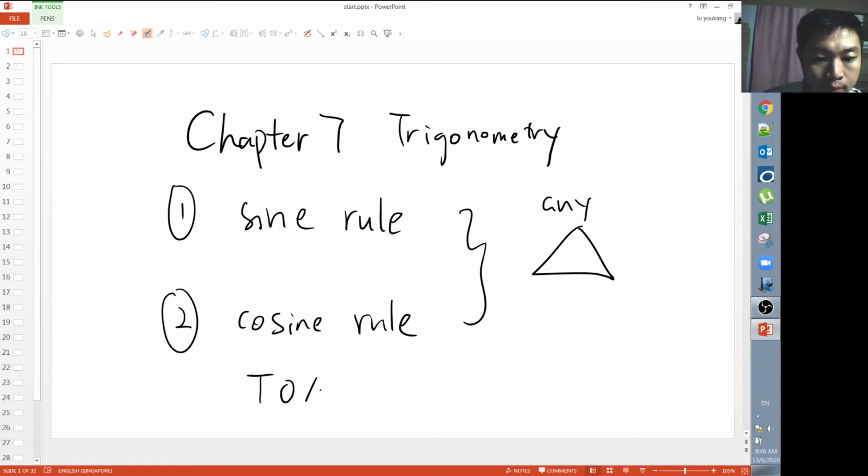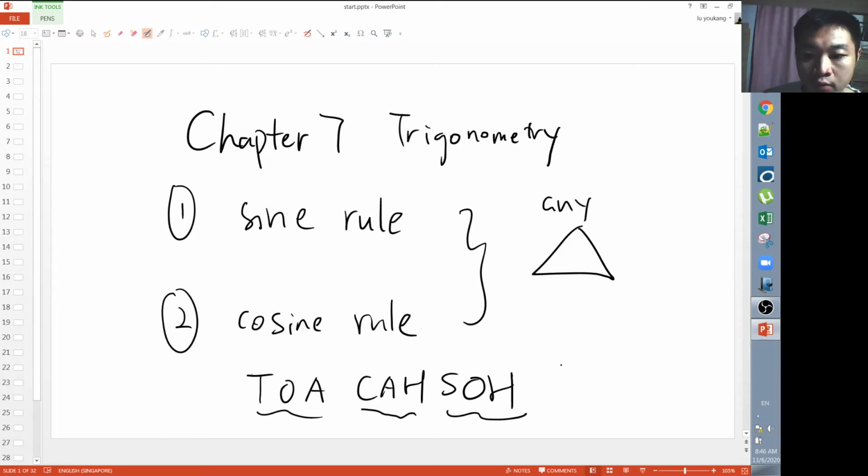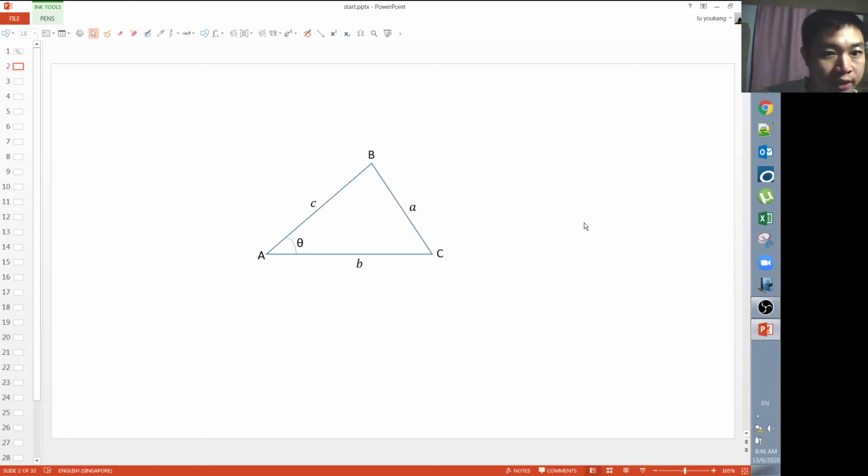Your SOH-CAH-TOA are good for right angle triangles. But these two rules, sine rule and cosine rule, are good for any triangle. Okay, any triangle. So without further ado, let me go to the next slide.